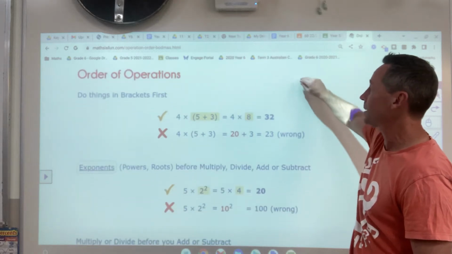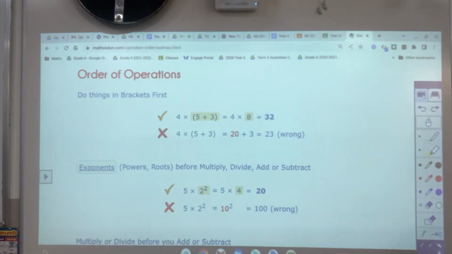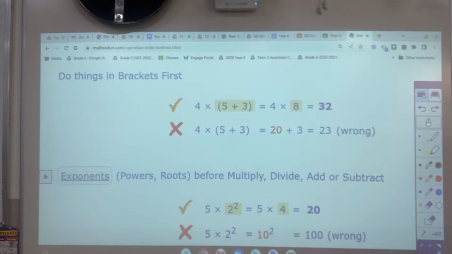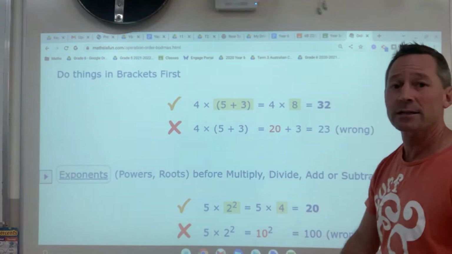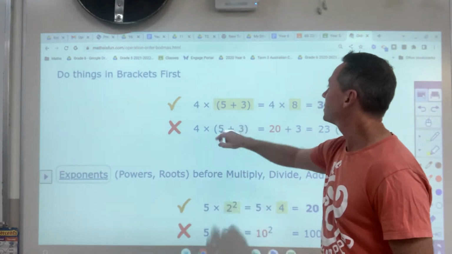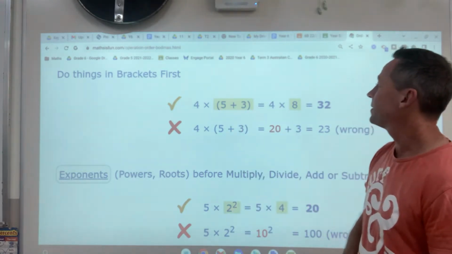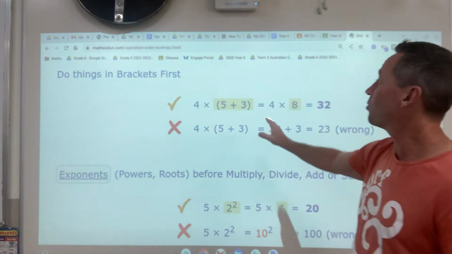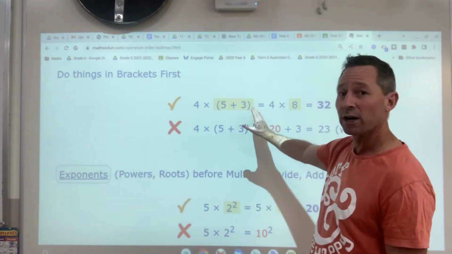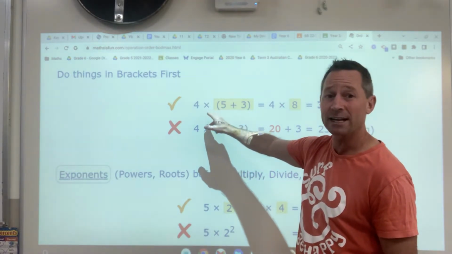So here are a couple of examples. One is right, one is wrong. So when you think about it, we have 4 times, we've got brackets, 5 plus 3. If there were no brackets, you would do the multiplication.